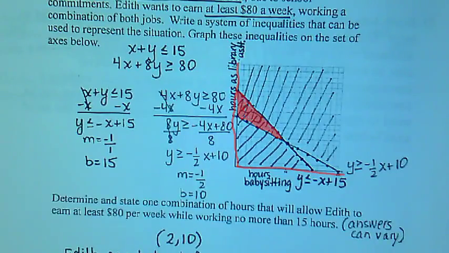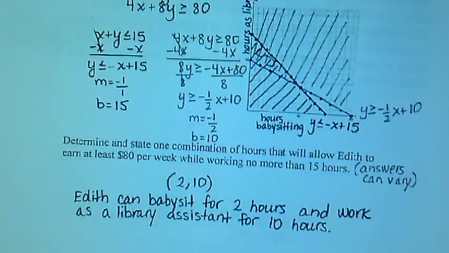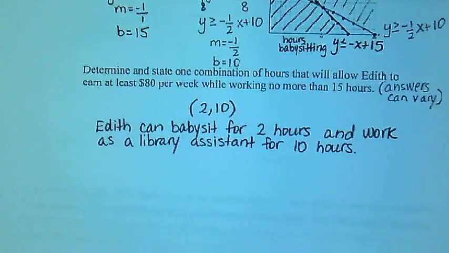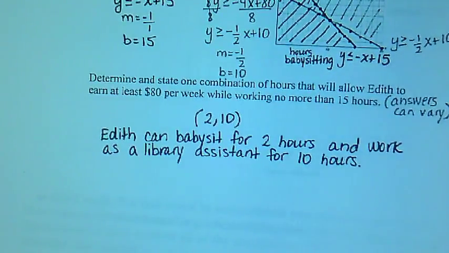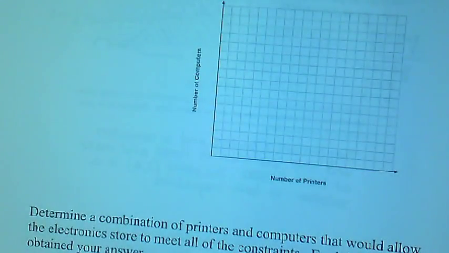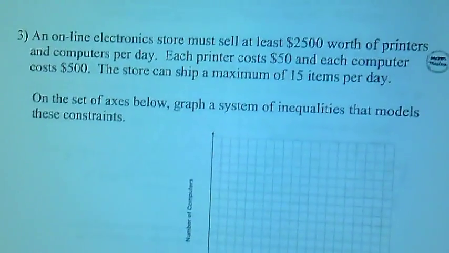So determine and state one combination that will allow Edith to earn at least $80 per week while working no more than 15 hours. Any of these solutions would be an answer, and I just picked (2, 10). You could have a different answer, because there are infinitely many solutions. All right, next one.